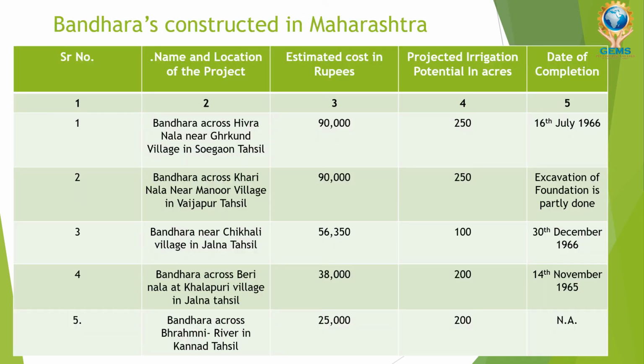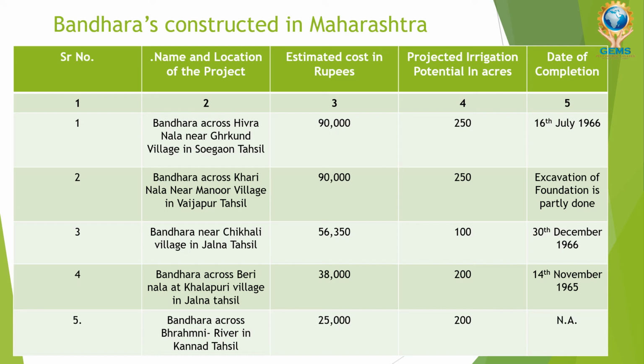Fine. These are the bandras which have been constructed in Maharashtra. They were constructed long ago, around 1966 or so, and were estimated at about 90,000 rupees at that time. Now the cost will increase because of increased material and labor costs.